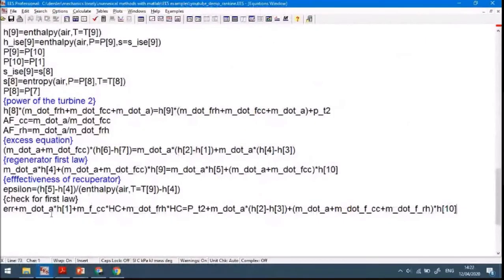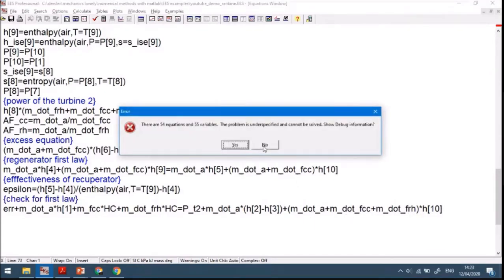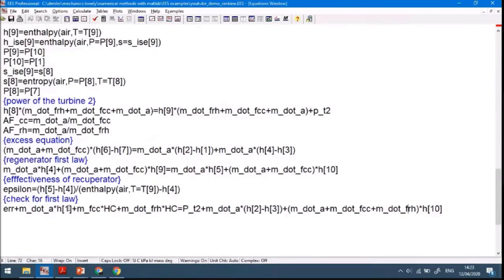If you say the names are okay, m dot of air, m dot of fuel, this one should be okay. Fuel reheater, air, it's okay. Again, it's false. This is false. Okay, let's see. We have in error, of course, name HC, fuel reheater, steam chamber, power 2.